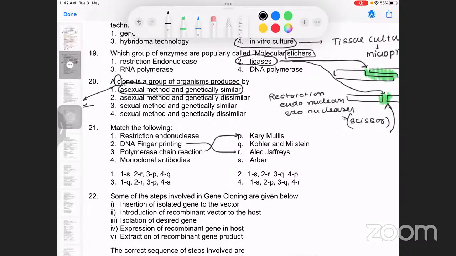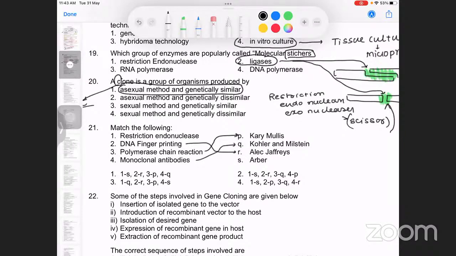Monoclonal antibodies was given by Kohler and Milstein.